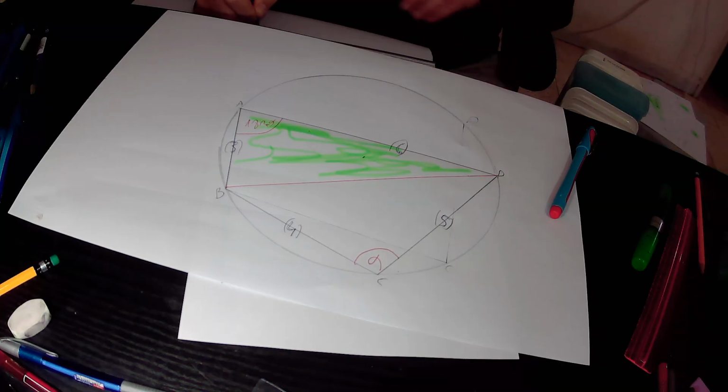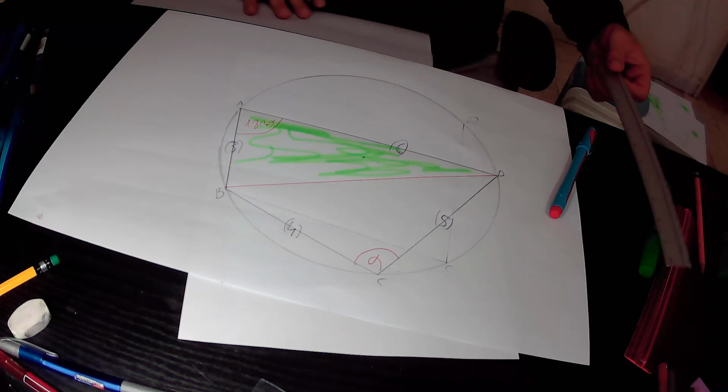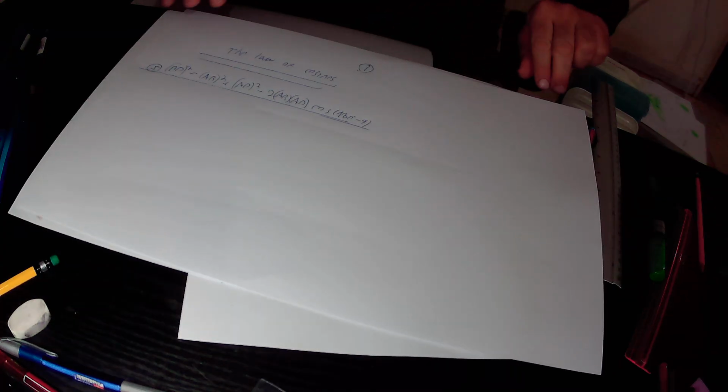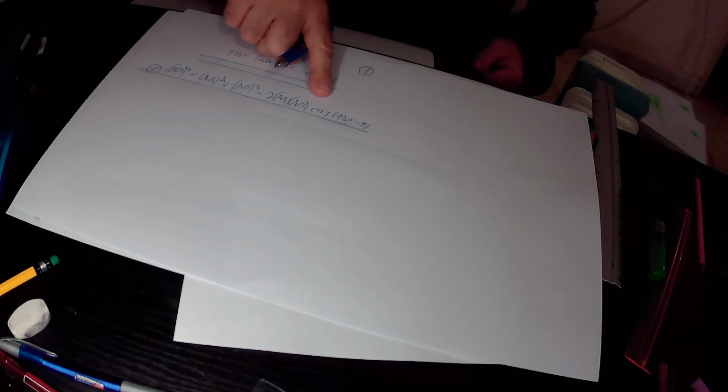And again, according to the law of cosines, this green triangle ABD, the following equation is true: BD squared equals AB squared plus AD squared minus 2 times AB times AD times cosine 180 degrees minus alpha.